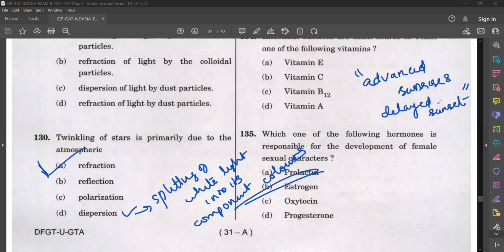That means you will see the sun a few minutes before it rises, and after the sunset also you'll be able to see it for a few minutes. That is also because of atmospheric refraction. Advanced sunrise and delayed sunset is also an example of atmospheric refraction.